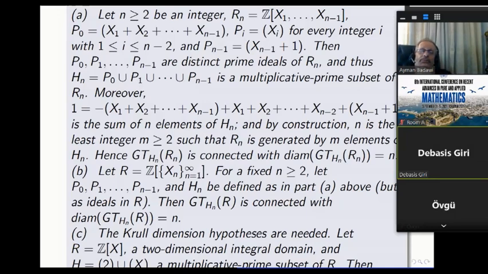And then we prove that the diameter of the generalized total graph of this ring is n. Okay? This is kind of interesting. Here is the example. And look, the ring involved is an integral domain. And that was our goal: how to attach a graph to integral domains, because usually you study a graph when the ring has zero divisors. Okay?